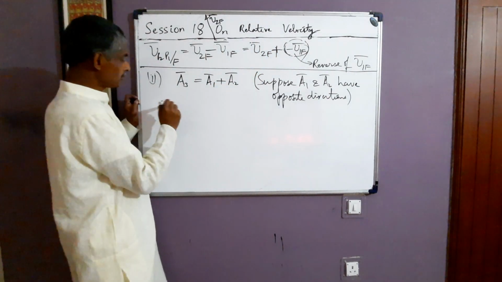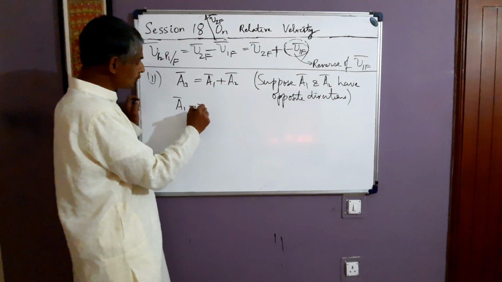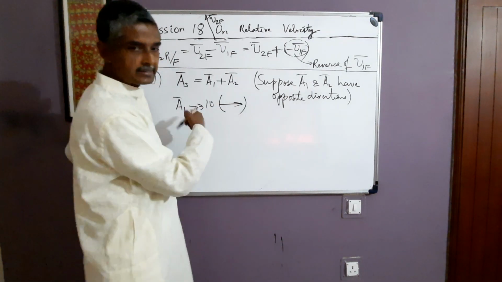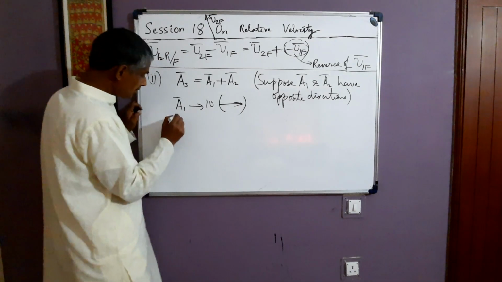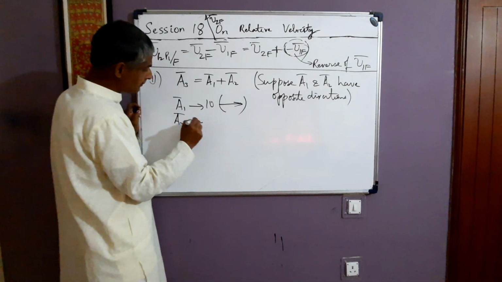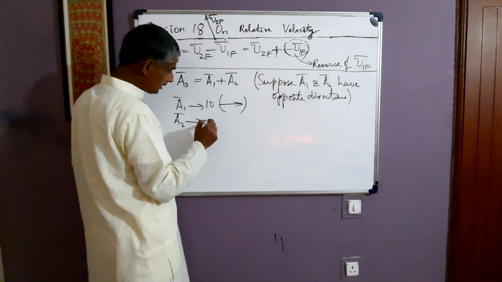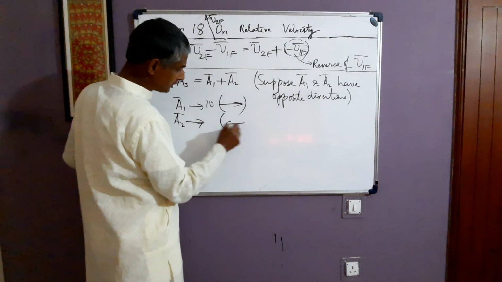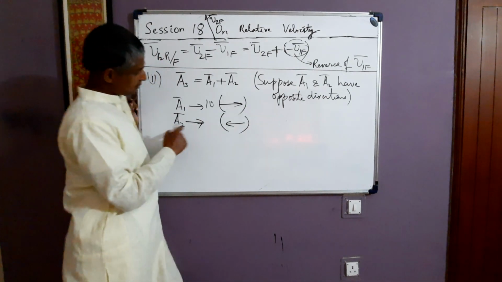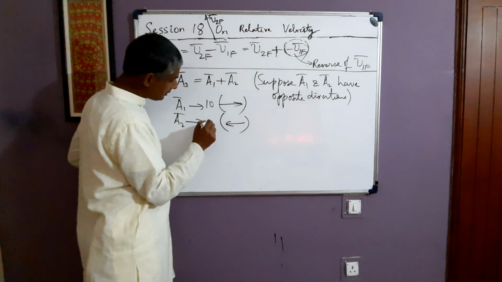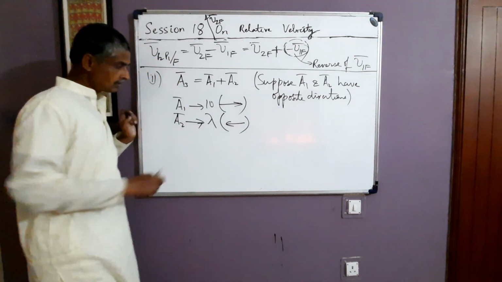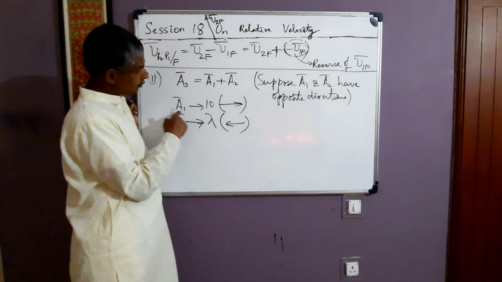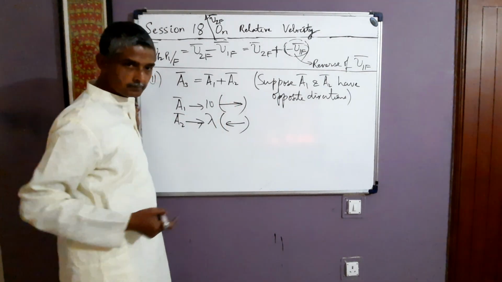For example, suppose vector A1 has a magnitude of, say, 10 units and it has a rightward direction. This rightward arrow means the rightward direction of vector A1. And suppose vector A2 is in the leftward direction, and the magnitude of vector A2 is some real number lambda. It has a leftward direction, where the magnitude of vector A1 is 10 in the rightward direction.